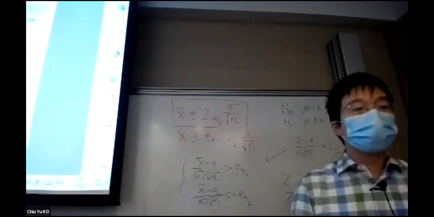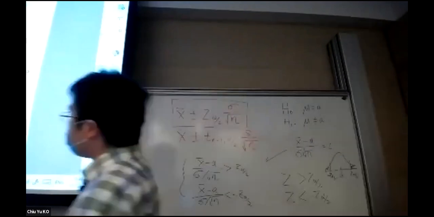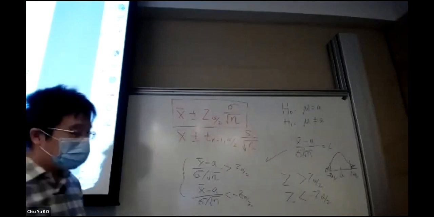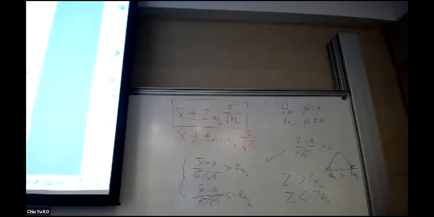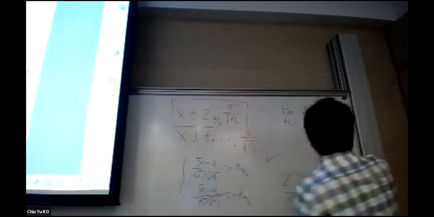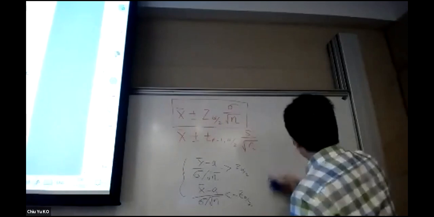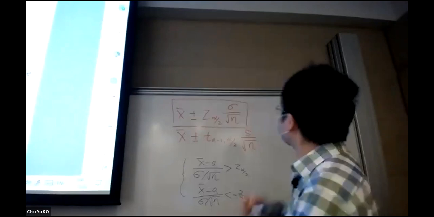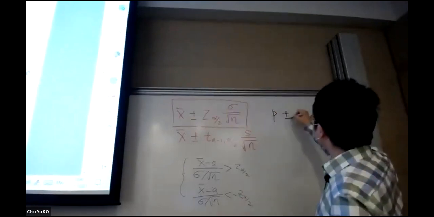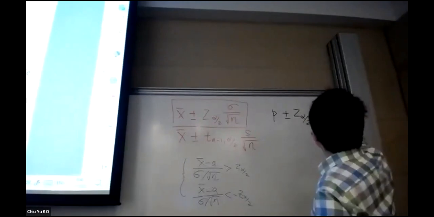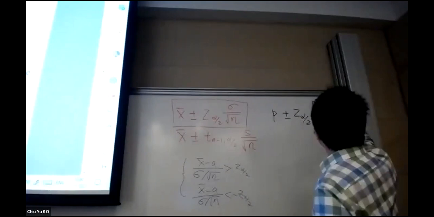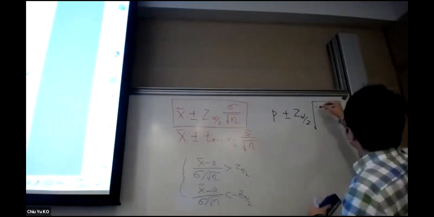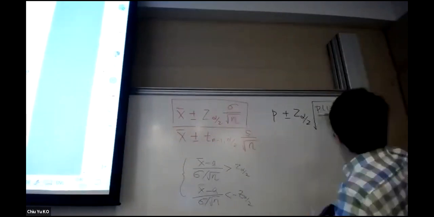Now what I want to continue is something rather simple. Remember, when you do proportion, for proportion we have the following confidence interval: P plus minus C alpha over 2 times the standard error, where we use P. This is the interval estimate for proportion.